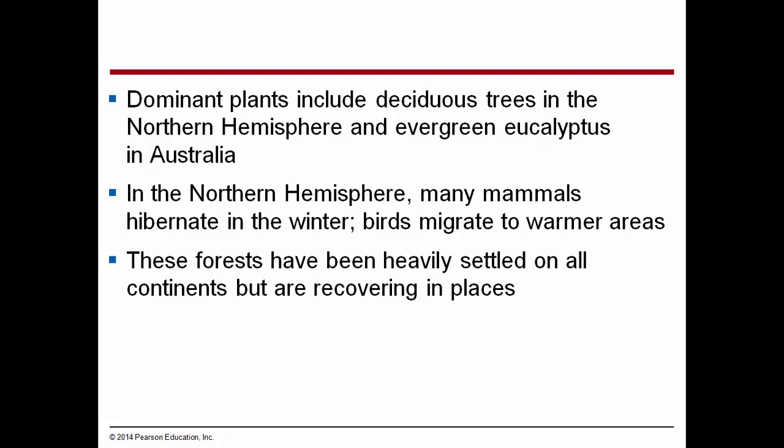Everything else around here is secondary regrowth, and the climate that these forests grow in is very hospitable to people to live in. The winters are tolerable and the summers are too. That's why they're called the temperate forests.